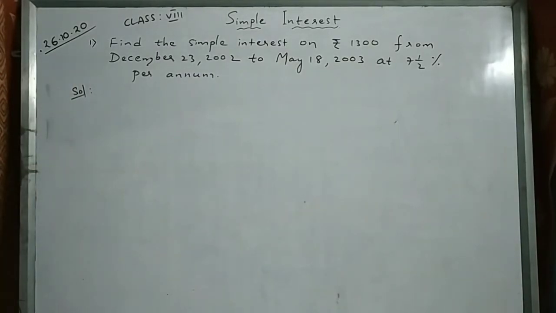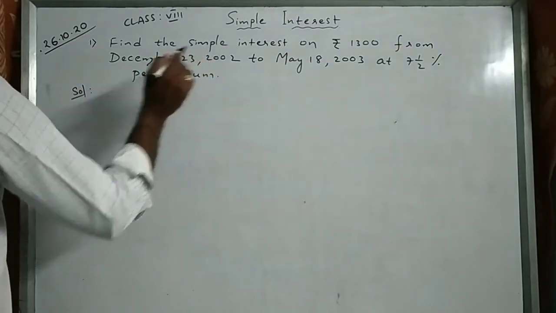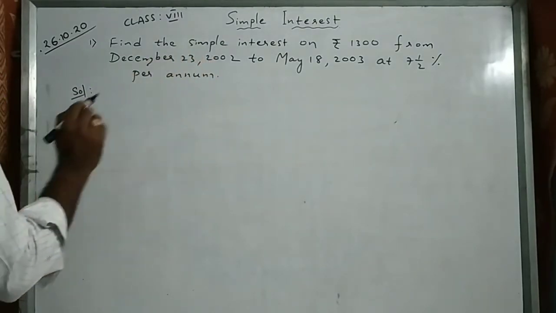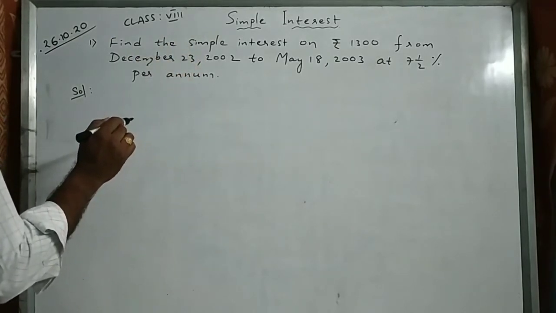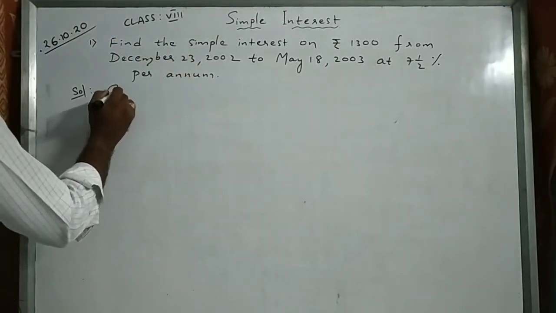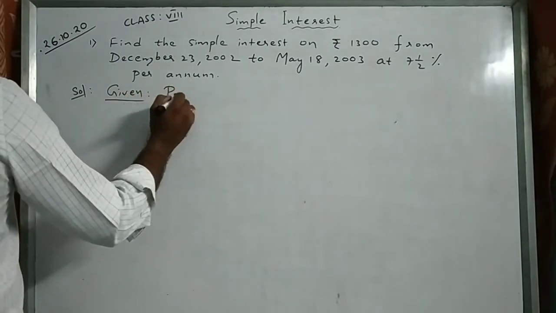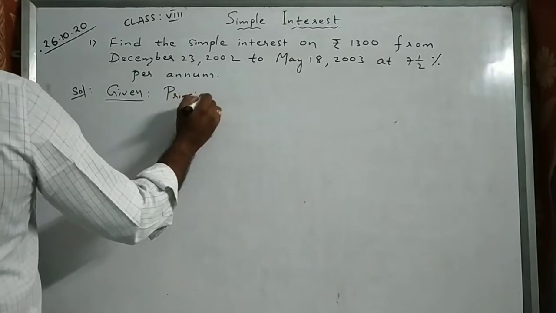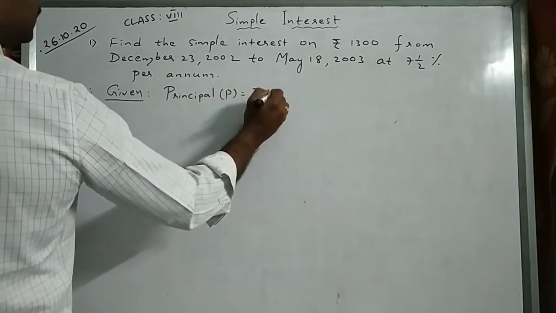Here see what is the question. Find the simple interest on rupees 1300 from December 23rd, 2002 to May 18, 2003 at 7.5% per annum. So what is given here? First you write the data. We are given principal amount P is equal to rupees 1300.